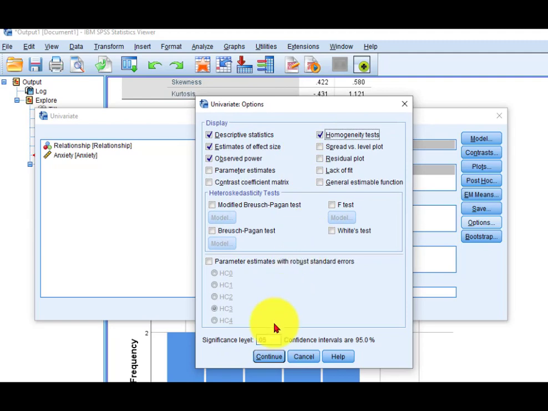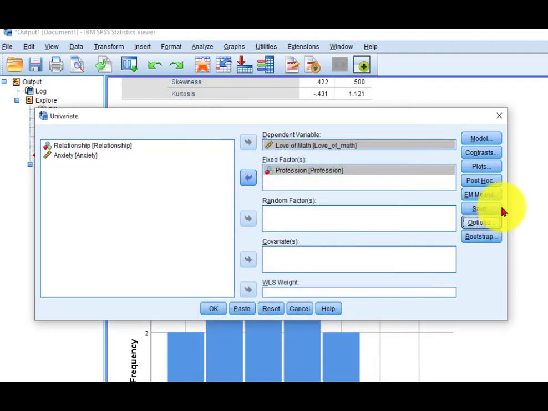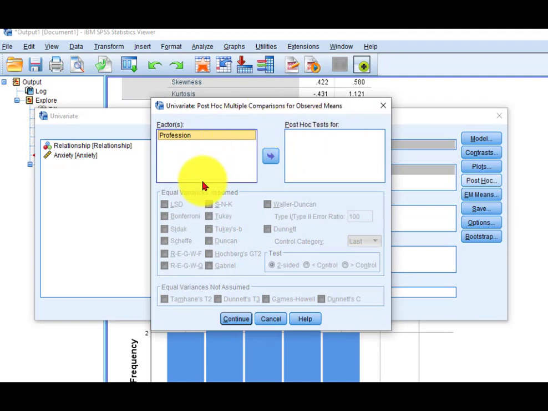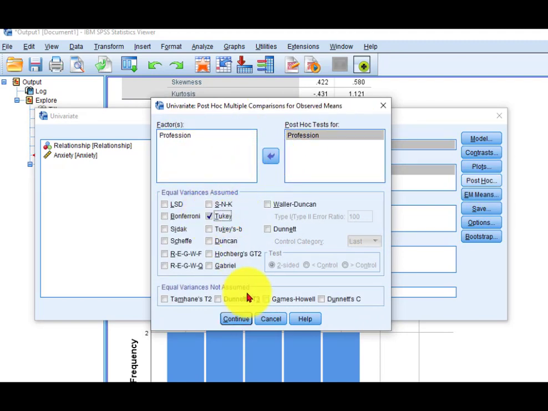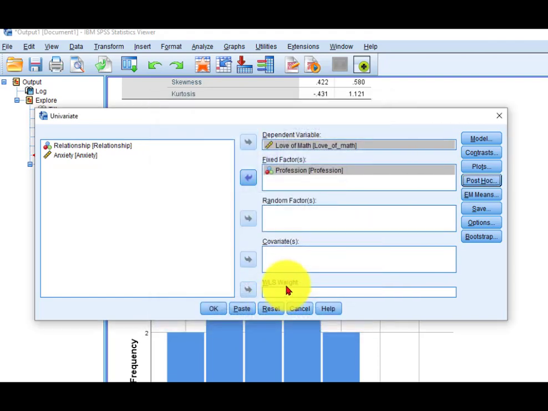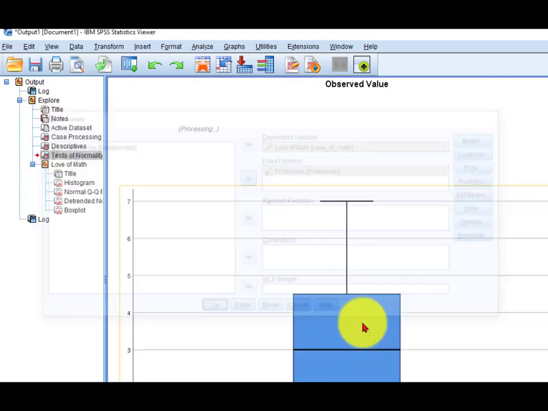That's the other assumption that we're going to check here. There has to be at least 3 groups. So we can go to Post Hoc Tests and I'm going to do the Tukey test. That's it for now.